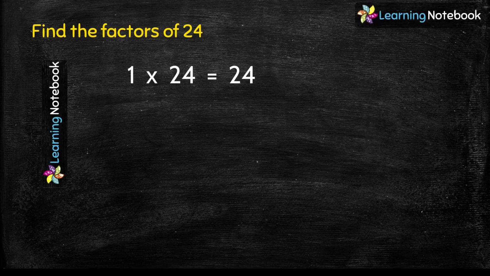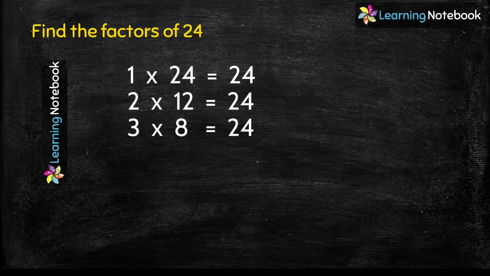In the table of 2, 2 into 12 equals 24. In the table of 3, 3 into 8 equals 24. Similarly, in the table of 4, 4 into 6 equals 24.